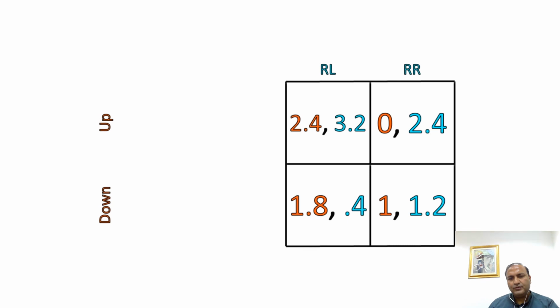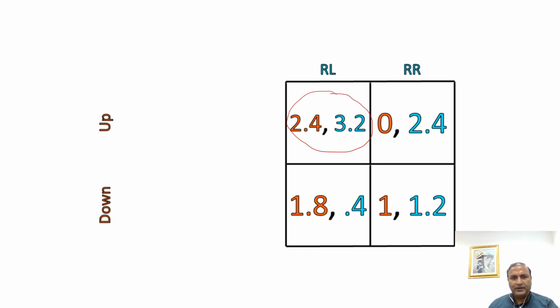Now if you try to find a strictly dominated strategy, there is nothing. For player number 1, there is no strictly dominated strategy, and for player number 2, there is no strictly dominated strategy. So what we can do now is check one by one. First, let us look at whether this is a Nash equilibrium or not.